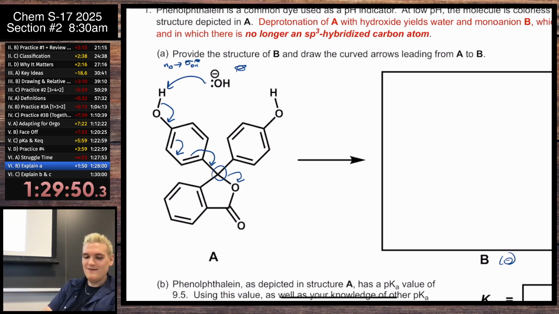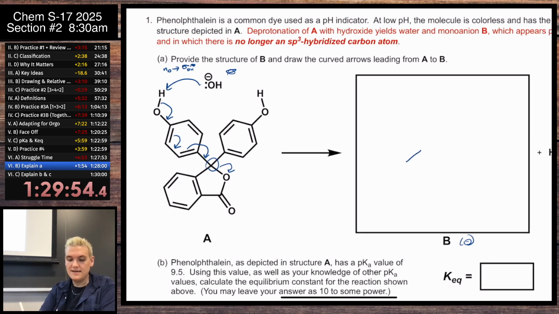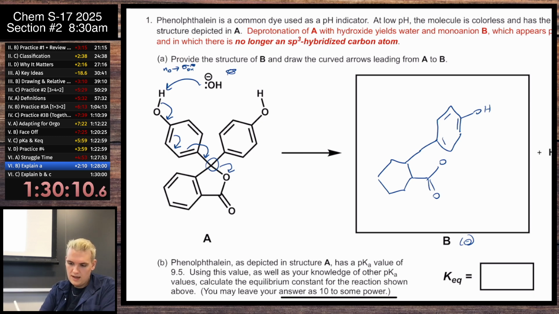Ooh, okay. So let's draw what our resulting structure is. We're going to keep everything that we didn't react 100% the same. So we have that. We have an O over here. We still have this whole big ring, OH, and then over here, we still have this 6-membered ring.